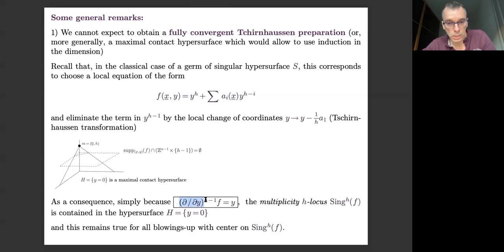We are trying to determine the multiplicity h locus. In the most naive way, you say that this is a derivation which acts on f, and then you iterate this operation h minus 1 times.